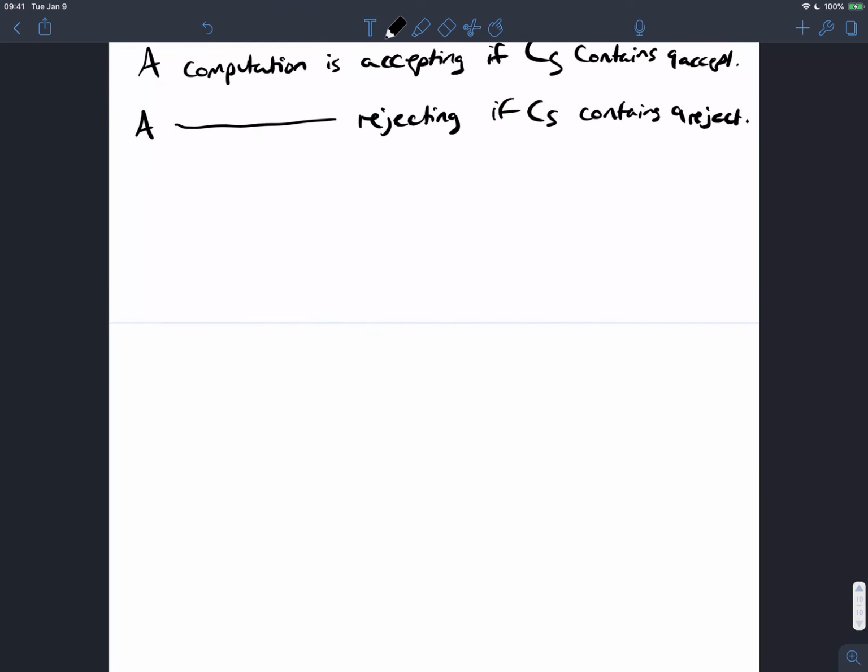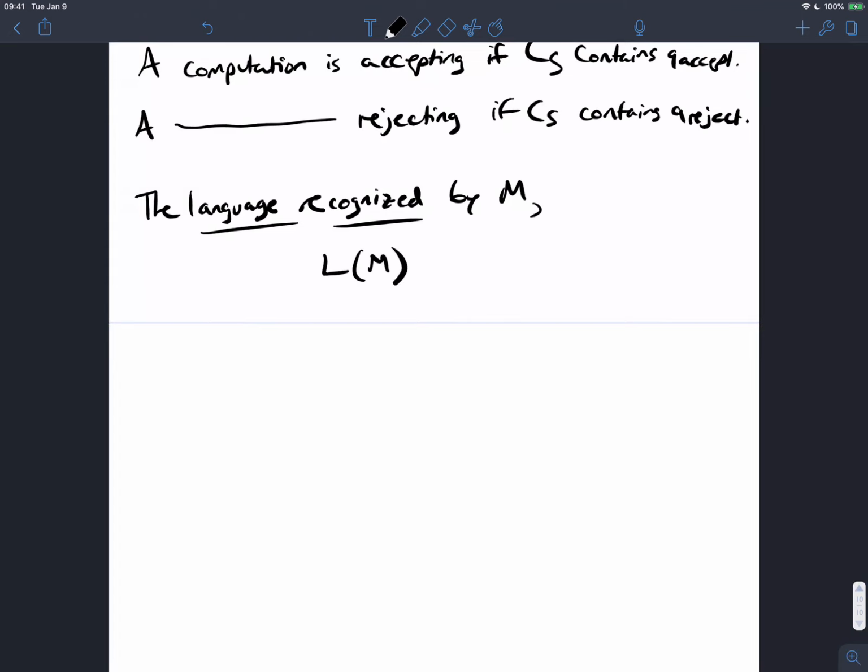Then we say the language recognized by this machine M, and we're going to denote it L of M. So this just means language of this machine M. And we're going to use this notation all throughout the class.